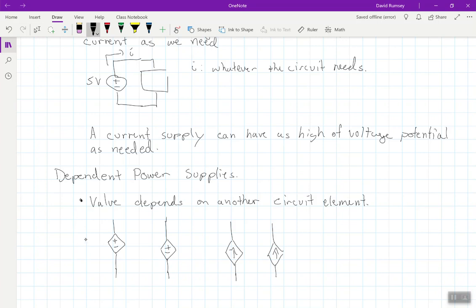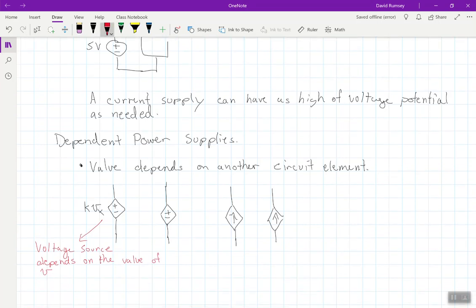And the reason we have 4 of them is the way these would be written is there will be some K times potentially a voltage. So the value of this voltage source depends on the value of Vx.